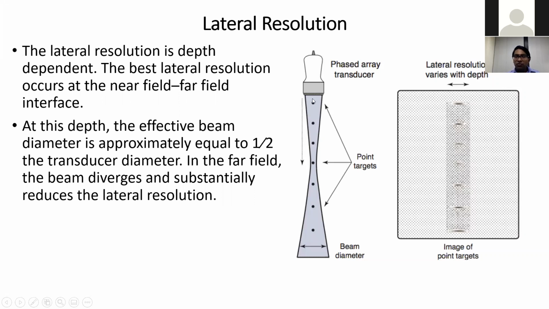As the beam profile close to the transducer face is bigger, we would have poor lateral resolution. Similarly, as we go further off, we'll have poor lateral resolution due to the beam profile diverging. So if you look at the image formed from these point targets, you can see that the lateral resolution is the smallest for the center point, and it increases as you go away from the transducer or towards the transducer.